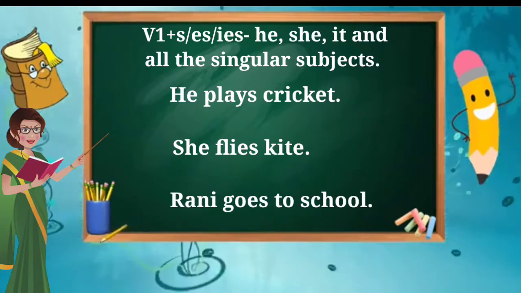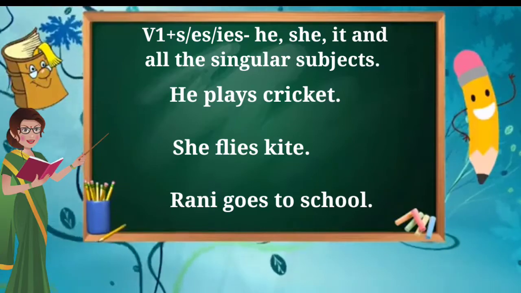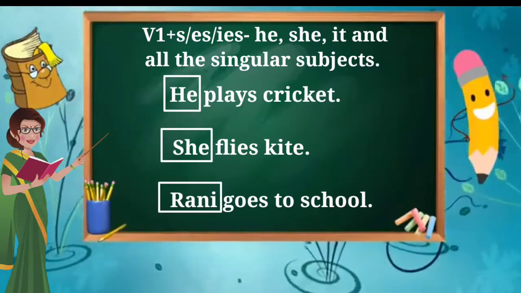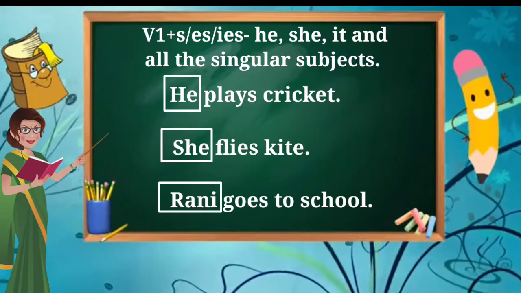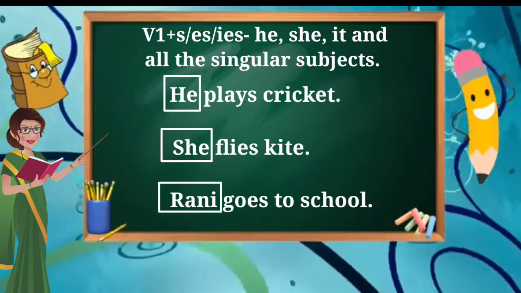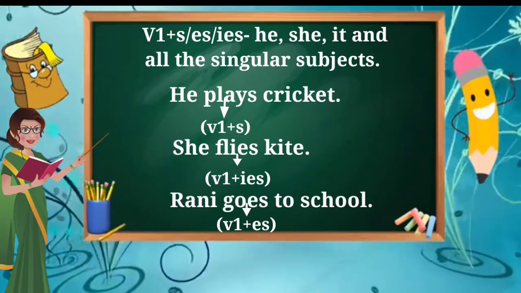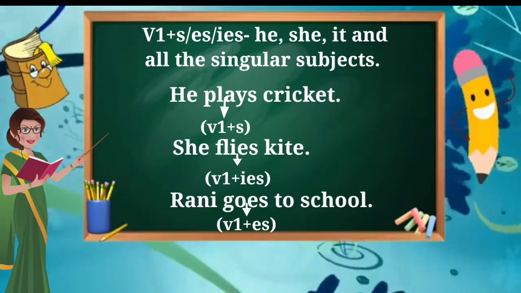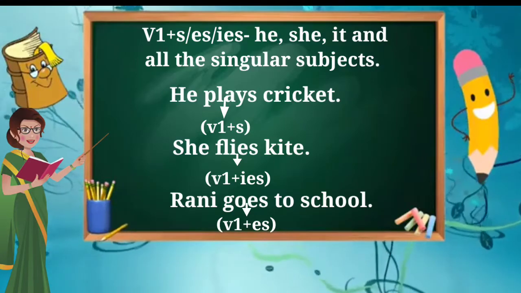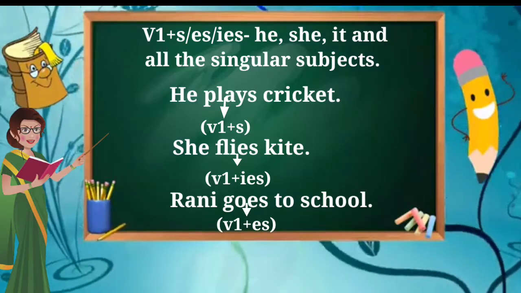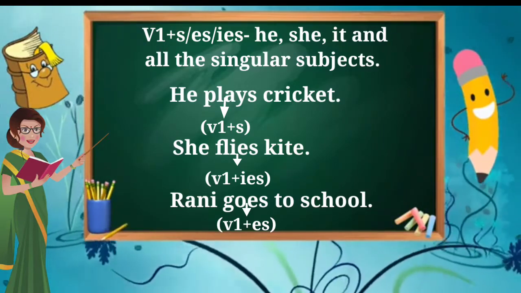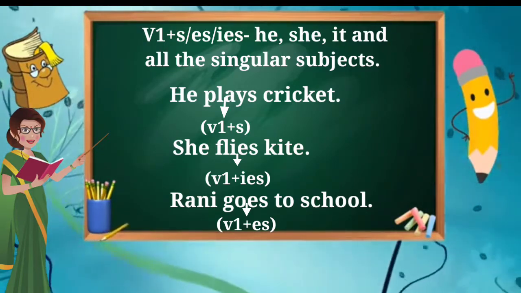Rani goes to school. Now the subjects are he, she, which is known as singular subjects. So that here we applied V1 plus S as play plus S, plays. V1 plus IES as fly plus IES, flies. And V1 plus ES as go plus ES, goes.